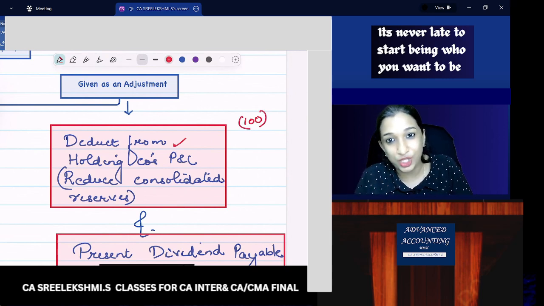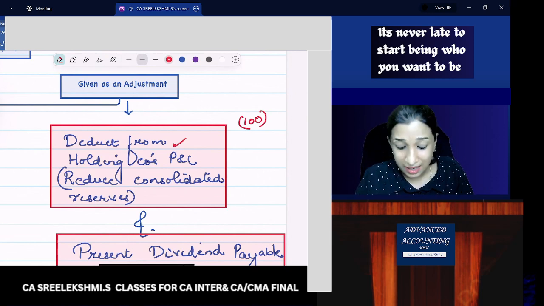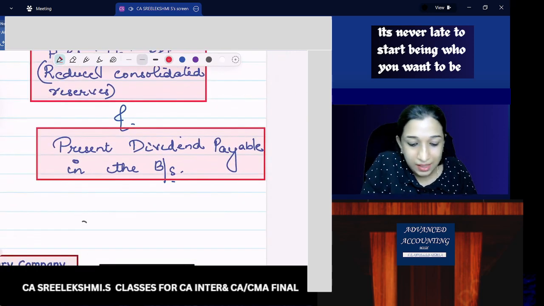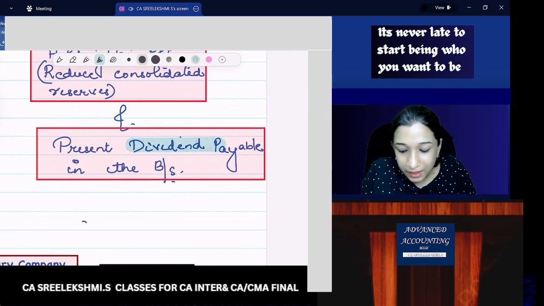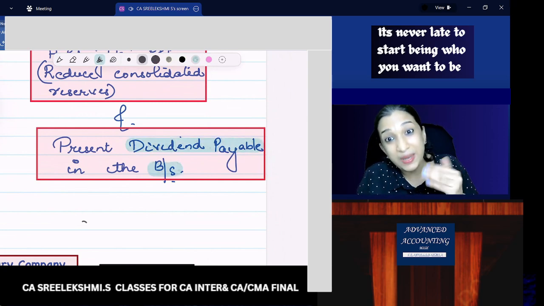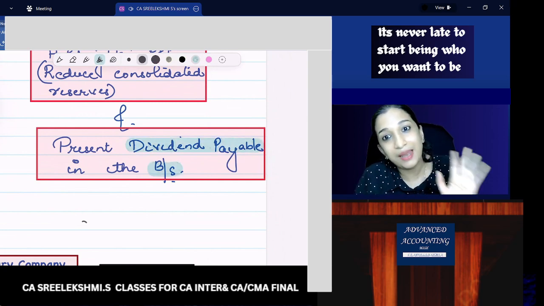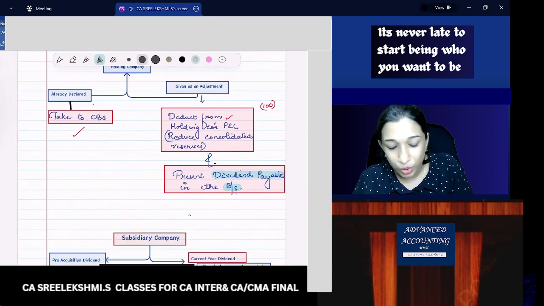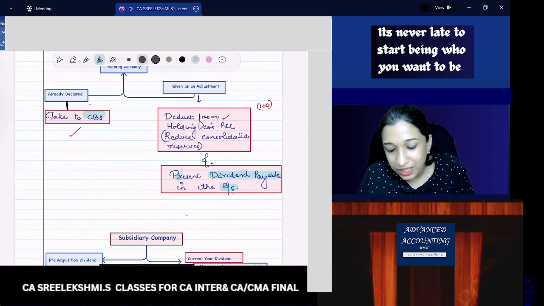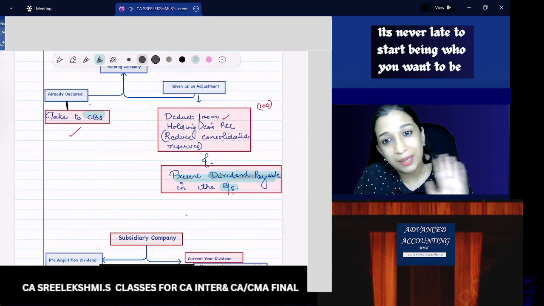Before going to the balance sheet, the holding company's P&L should be deducted by 100, and present dividend payable in the balance sheet. Same, take it to the consolidated balance sheet.